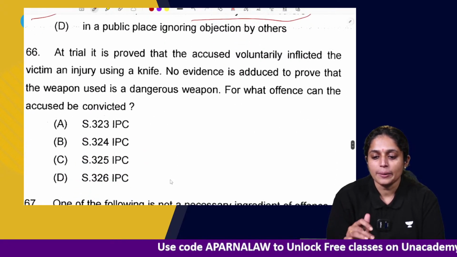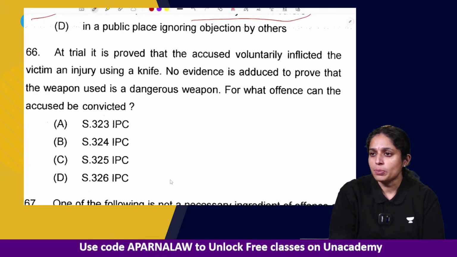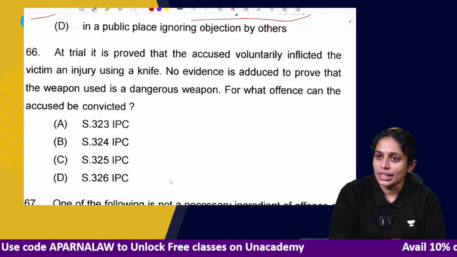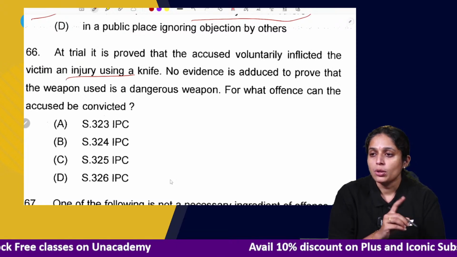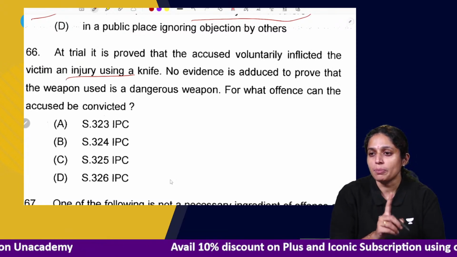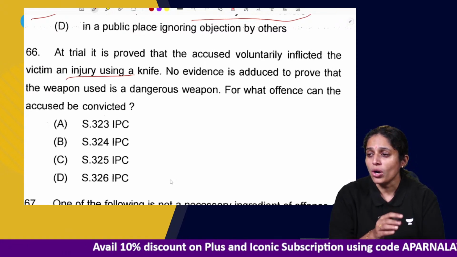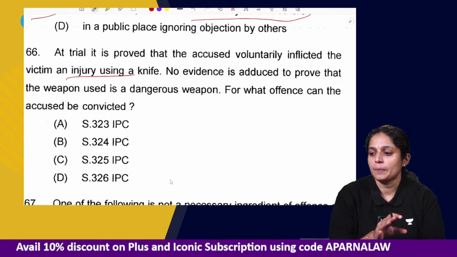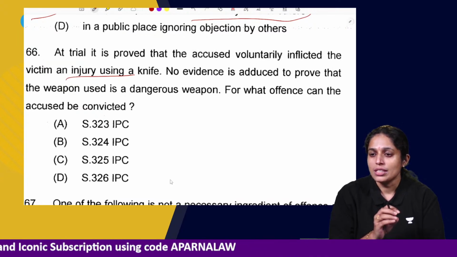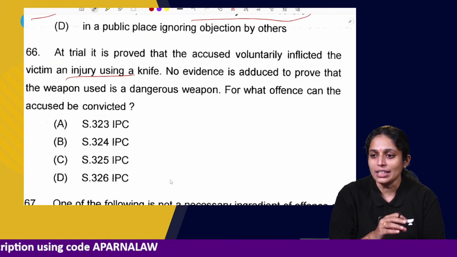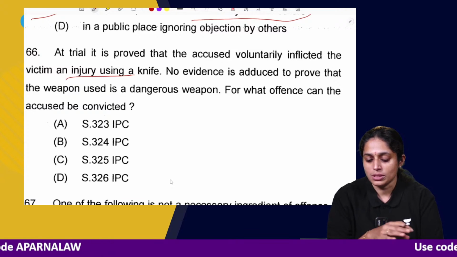Next, 66. At trial, it is proved that the accused voluntarily inflicted the victim an injury using a knife. No evidence is adduced to prove that the weapon used is a dangerous weapon. For what offence can the accused be convicted? A. Section 323 IPC, B. Section 324 IPC, C. Section 325 IPC and D. Section 326 IPC.